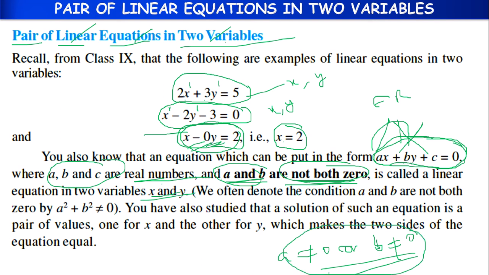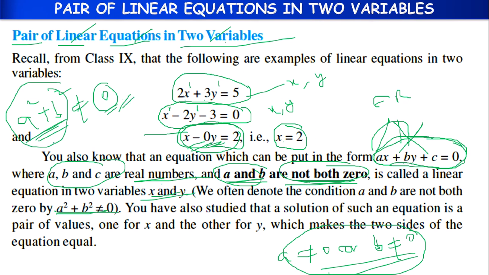This kind of equation is called a linear equation in two variables.